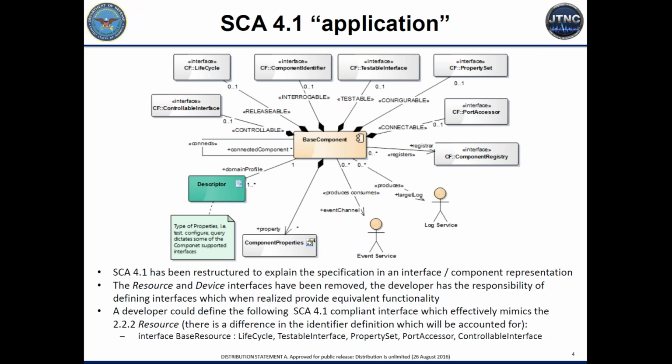One of the steps that was taken was that the resource interface we talked about in 222 was removed as part of 4.1. You still have the component structure. So think about interface-based 222 and the 4.1 version of the spec that includes the component model.